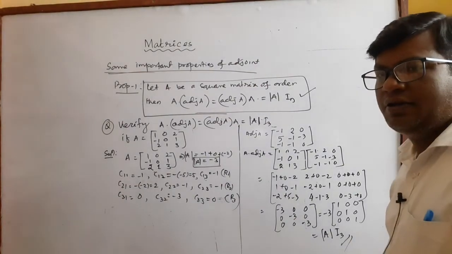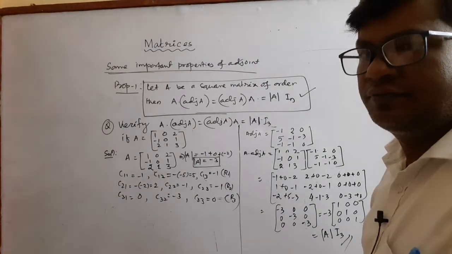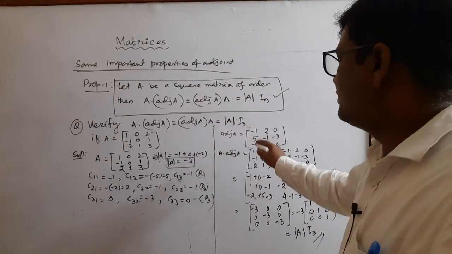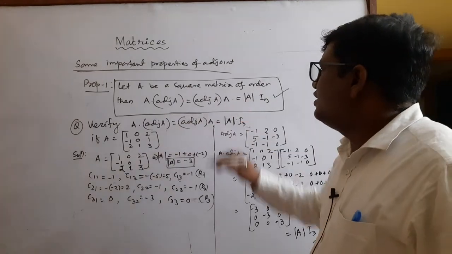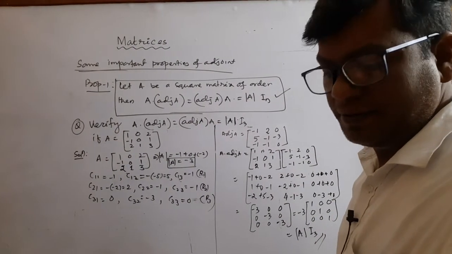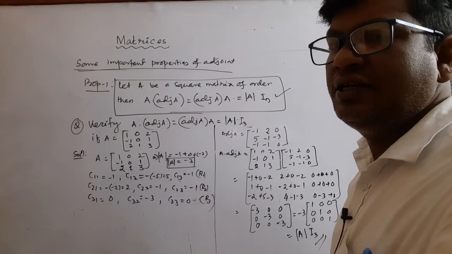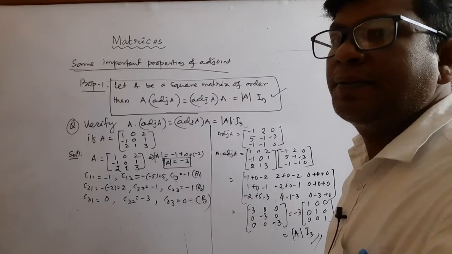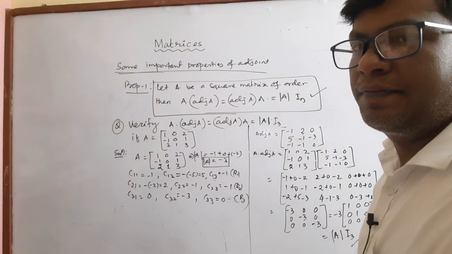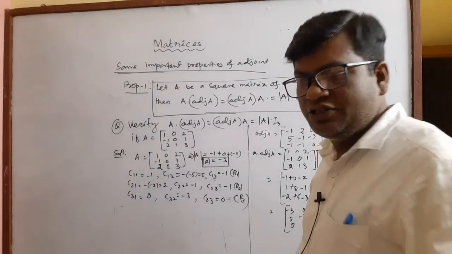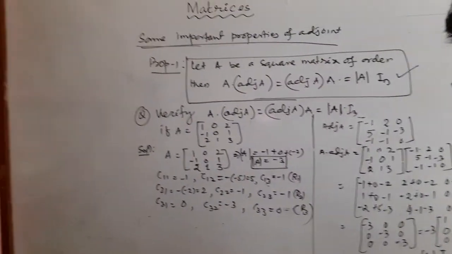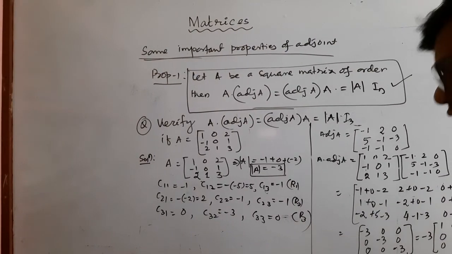Okay. Now another part, that is adjoint A into A. Clear? Adjoint A into A. This is the other part.